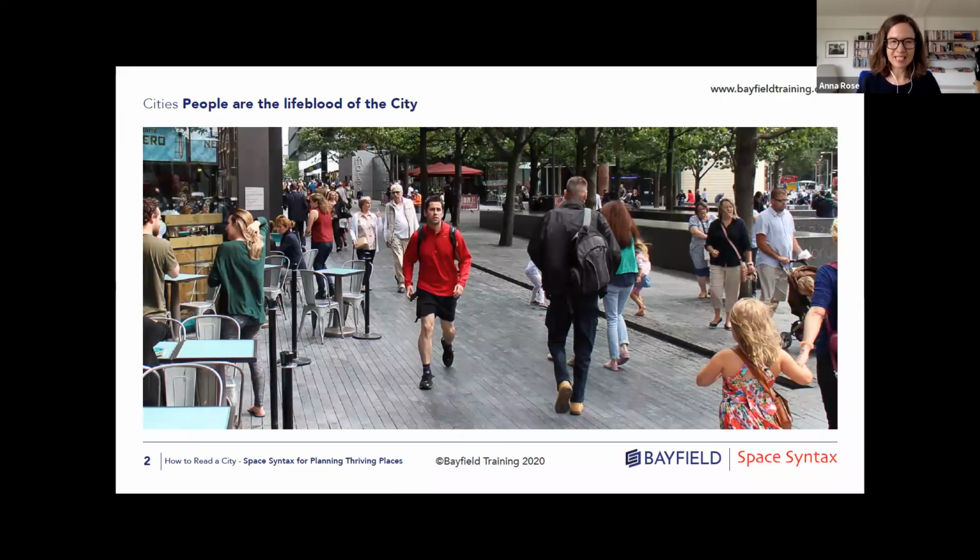So we have cities because they generate value, social value and commercial value, because people are coming together for social and economic transaction in them.